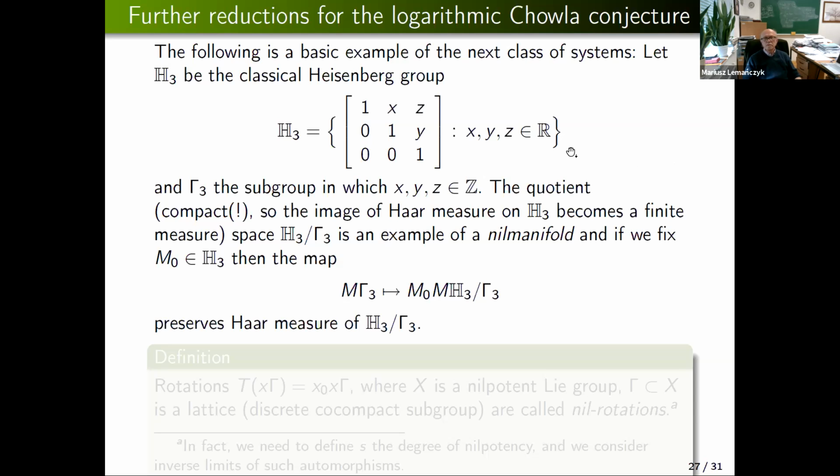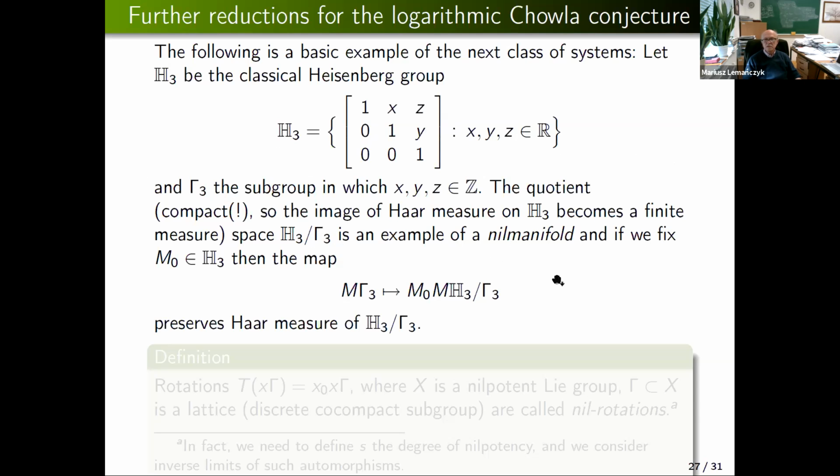This is a Lie group, a nilpotent Lie group, where x, y, and z are just real numbers. I have a natural subgroup when x, y, and z are integers. This subgroup Gamma is not a normal subgroup, but I can create the quotient, which is our new space. This quotient space is called a nilmanifold.